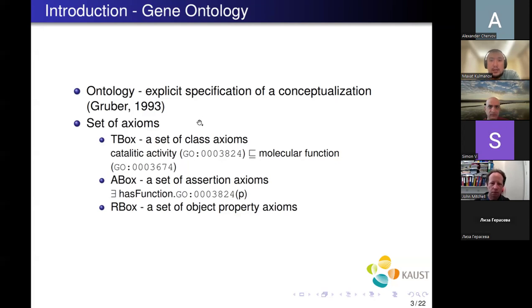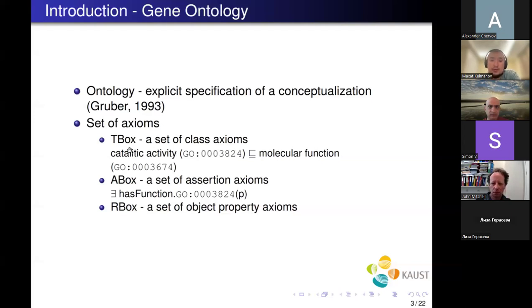It's defined as an explicit specification of a conceptualization of a domain: basically a set of axioms that are true in some domain, with mainly three different types of axioms. There are T-box axioms, the class axioms, where you define classes and the relations between them, and there are A-box axioms, which you can use to describe the individual instances of these classes.